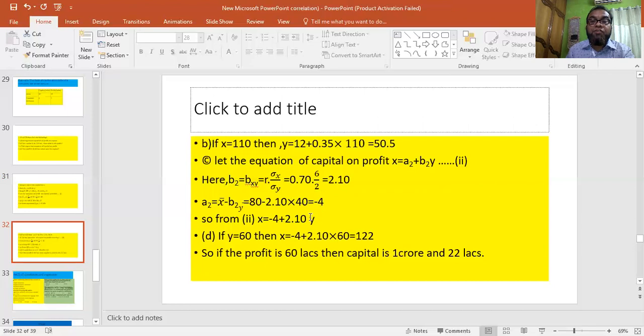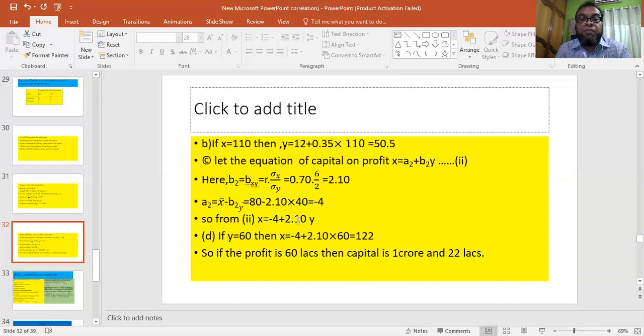So this is the regression equation of x on y, that is x equal to minus 4 plus 2.10y. So C is completed.